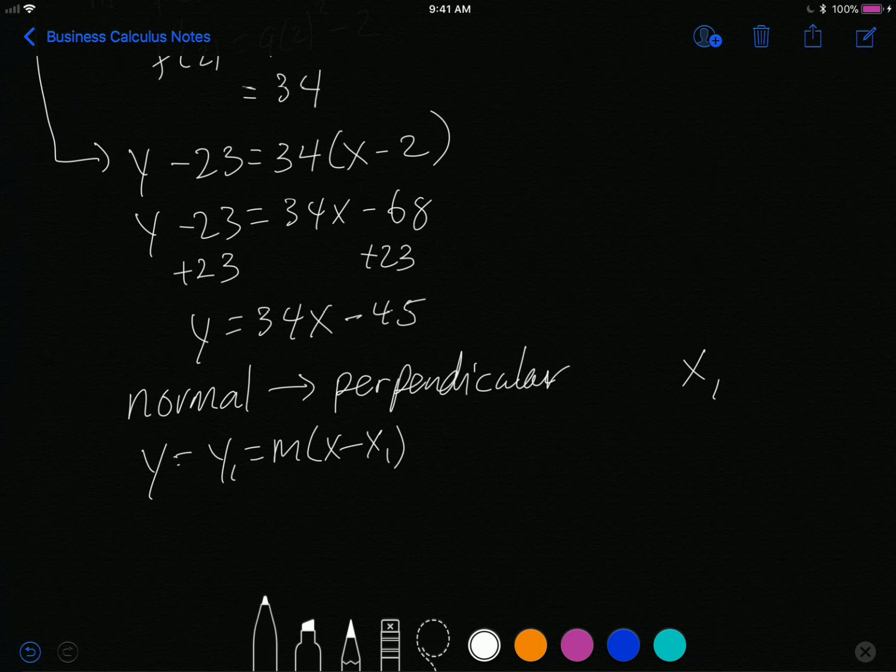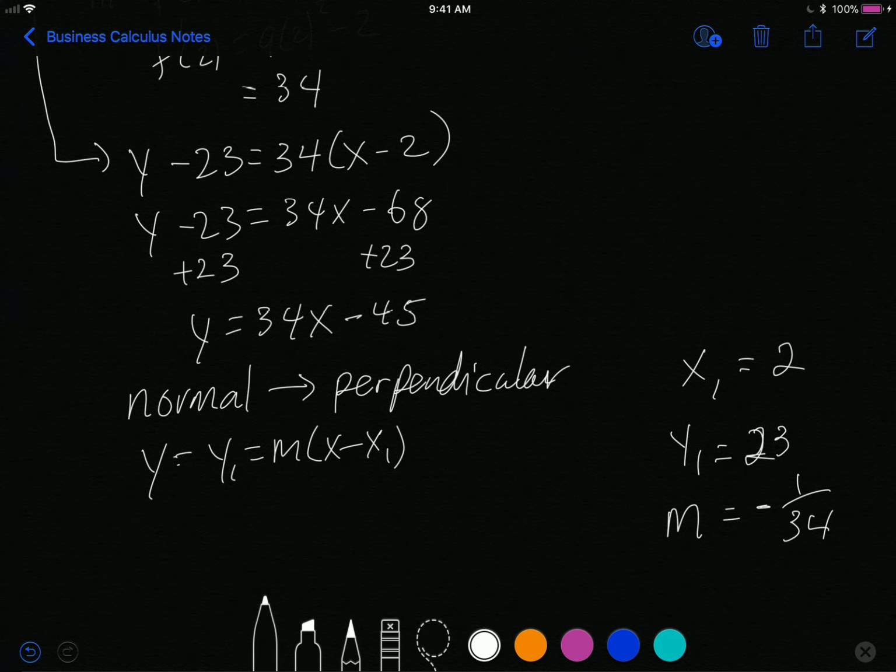I need x1, I need y1, and I need m. Well, it just so happens that x1 and y1 will be the same, but m will be the opposite reciprocal, so that's negative 1 over 34.